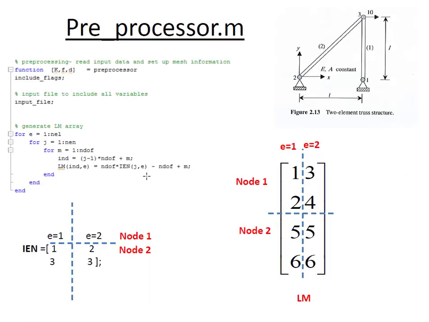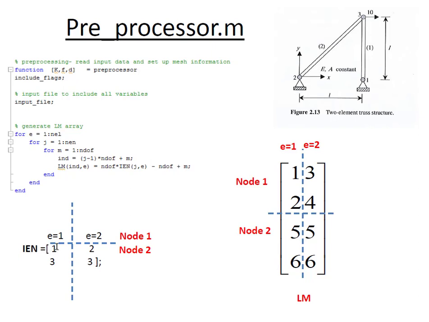In this preprocessing file, the next step is to generate the LM array. And this is an array that will help to assemble the global stiffness matrix. Let's recall our connectivity matrix. For this case, it's going to be of size 2 by 2 because we have 2 elements and each of the elements has 2 nodes.